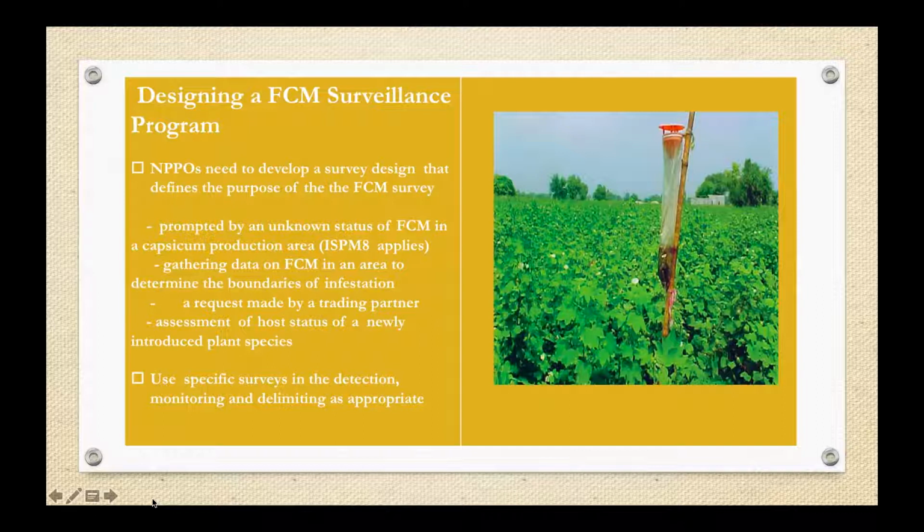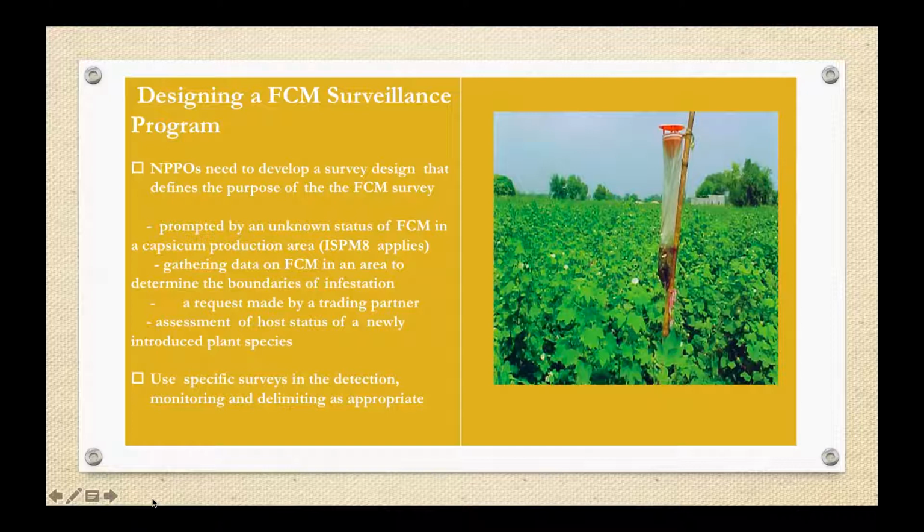Okay, thanks. So your trading partner could specifically make a request that you provide them with the status of this particular pest, or what phytosanitary measures you are taking upon this pest. And one of the measures could be pest surveillance and subsequent phytosanitary actions. You might also want to assess the host status of a newly introduced plant species.